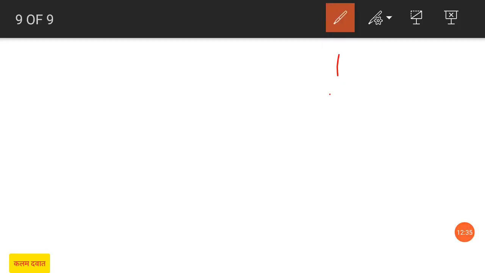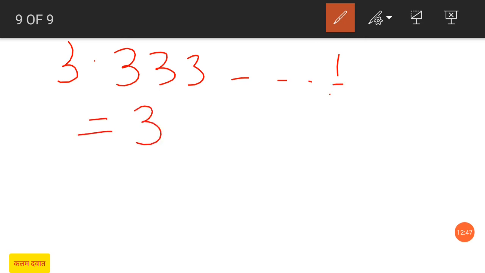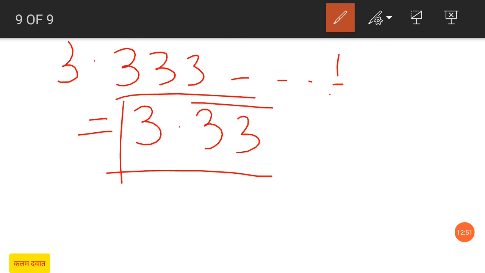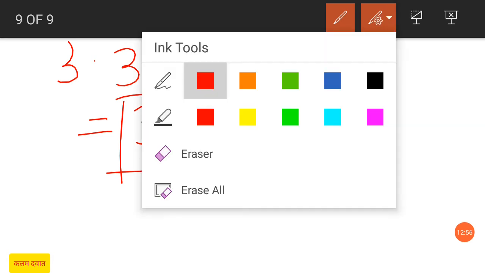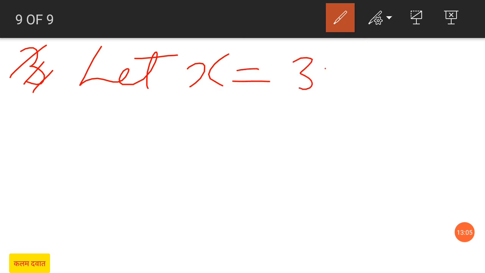See, how can we show that a decimal expansion can be written in the form of rationals? Suppose this is a decimal expansion, 3.333 and so on. This can be written with a bar, 3.3 with a bar over it. You will get this form also in many books. So let's start. First of all, let x equal 3.333 and so on.